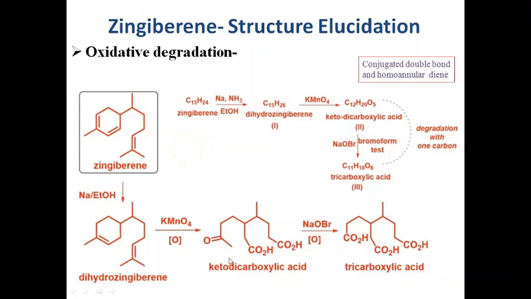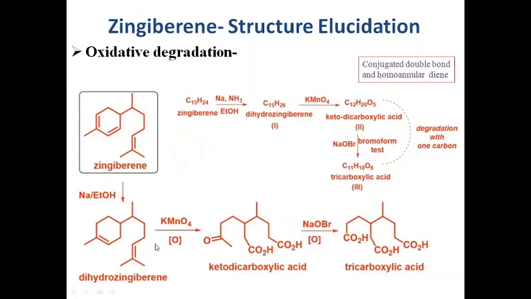This keto dicarboxylic acid would have been obtained from dihydrozingiberine. The structure of this is likely to be this, which undergoes oxidative degradation in the presence of potassium permanganate. Here this carbon-carbon bond is broken, resulting in the formation of a methyl ketone, and this carbon is converted into a carboxylic group.